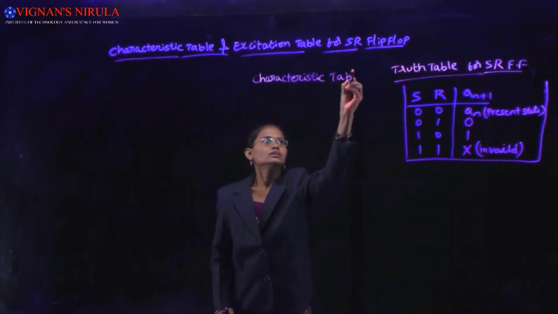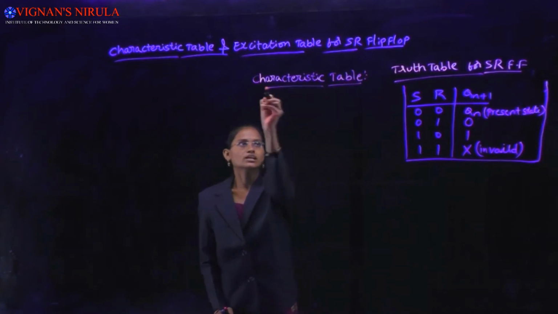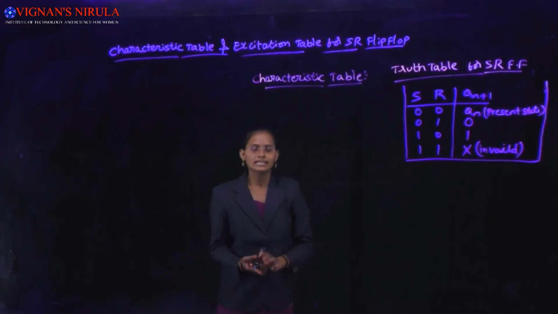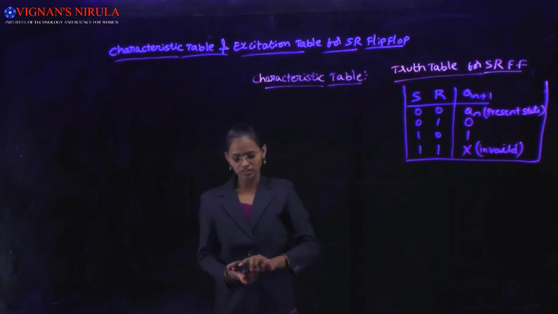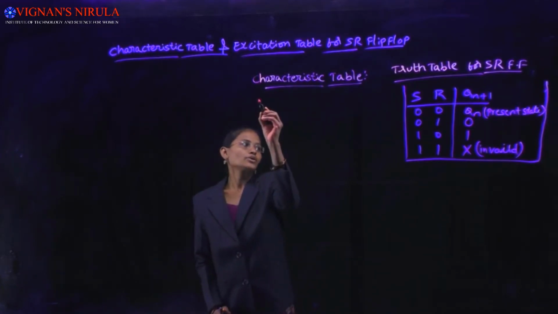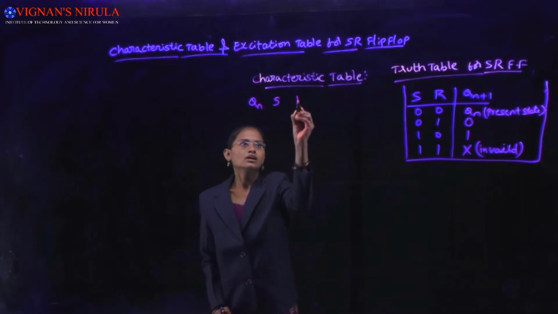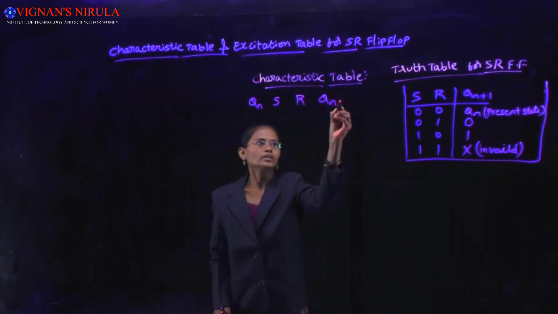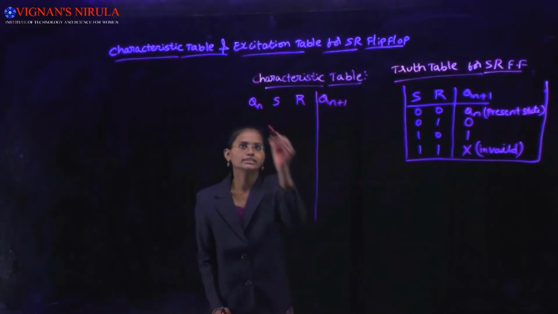Characteristic table for SR. Here we use Qn and S, R, Qn plus 1. This is the next state.